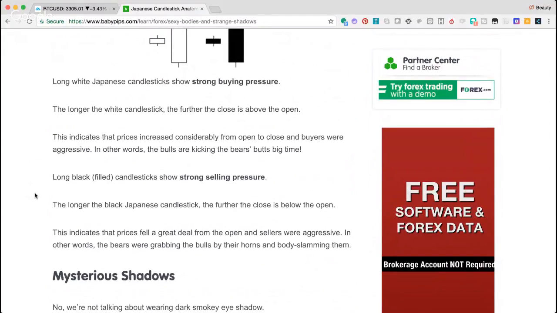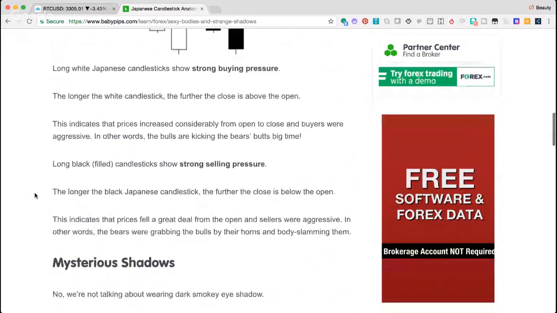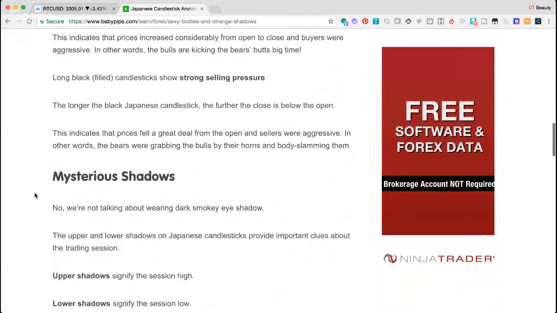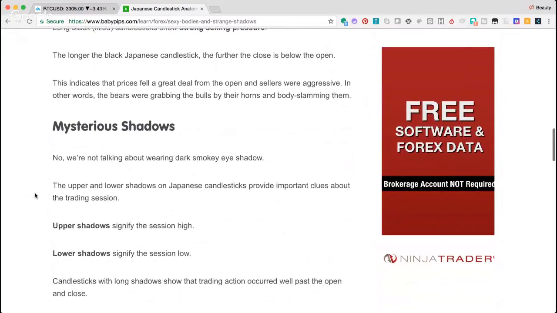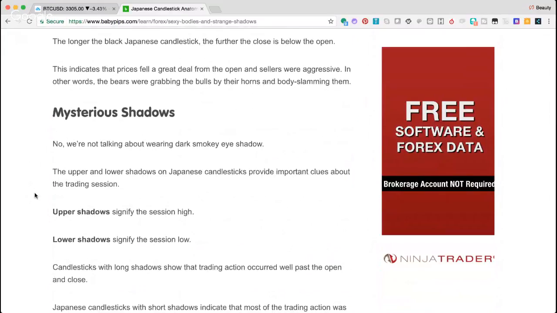In other words, the bulls are kicking the bears' butts big time. Long black filled candlesticks show strong selling pressure. The longer the black Japanese candlestick, the further the close is below the open. This indicates that prices fell a great deal from the open and sellers were aggressive. In other words, the bears were grabbing the bulls by their horns and body slamming them.